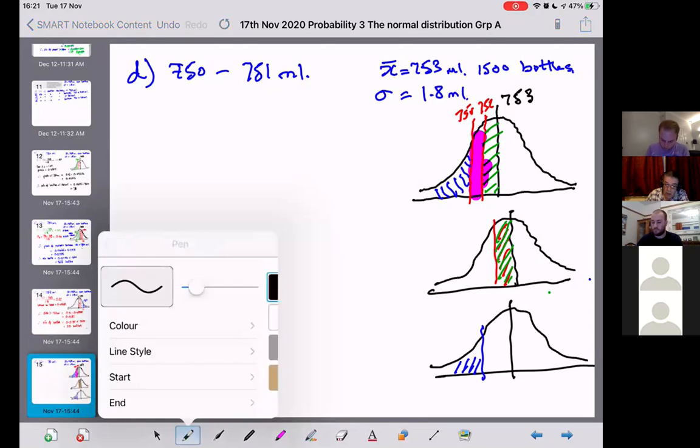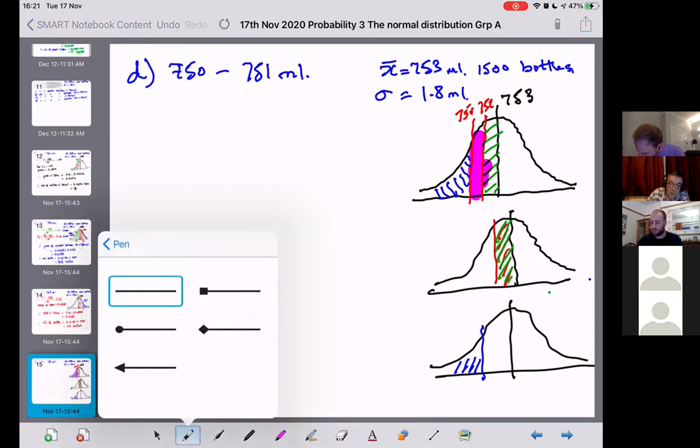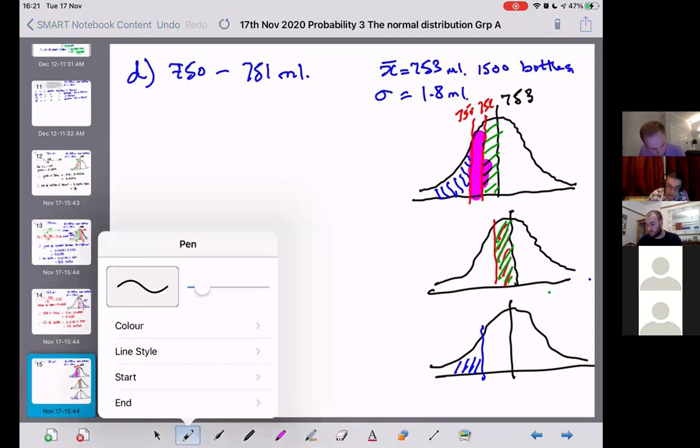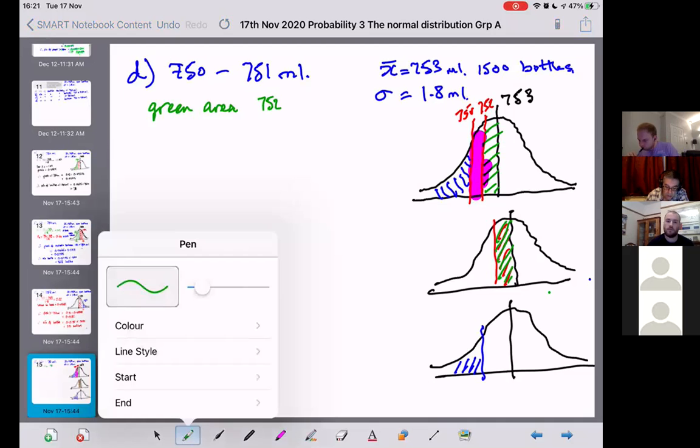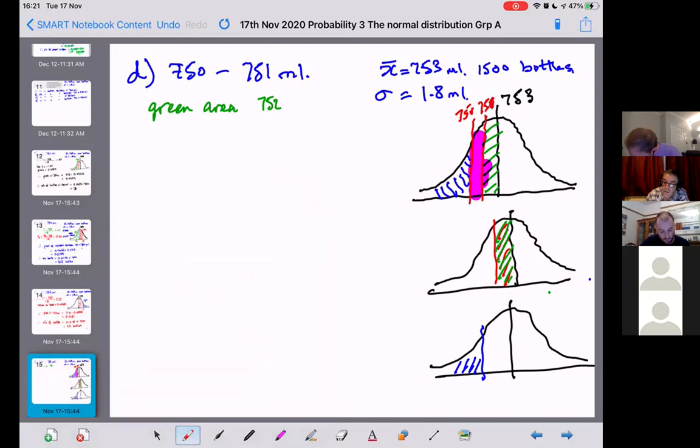So, starting on that then, green area. Do it in green. The green area is 751. That's the one in the question.